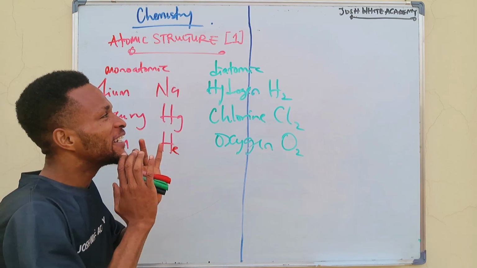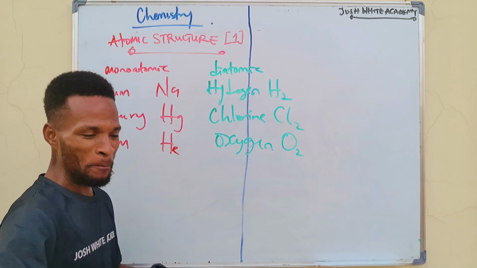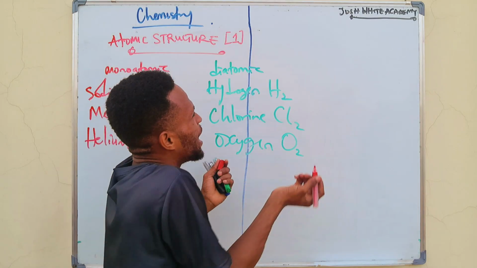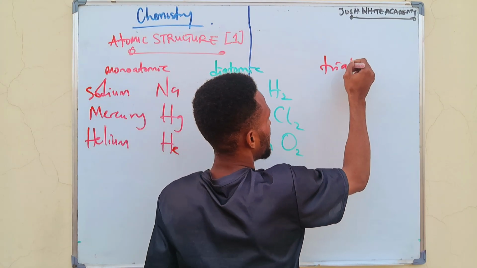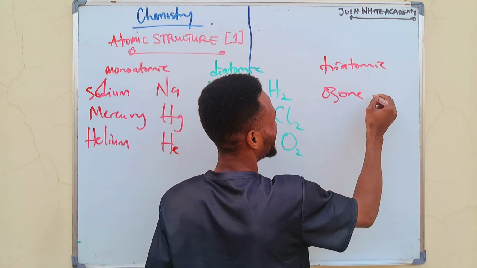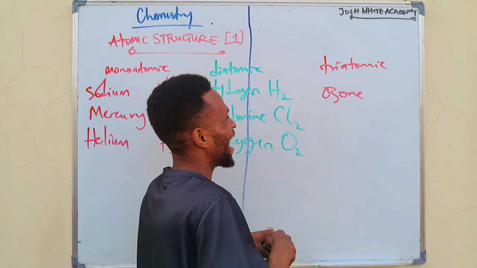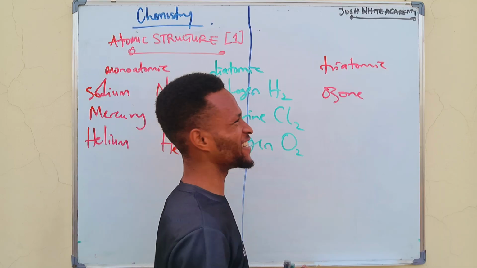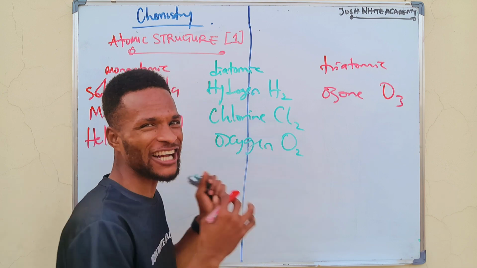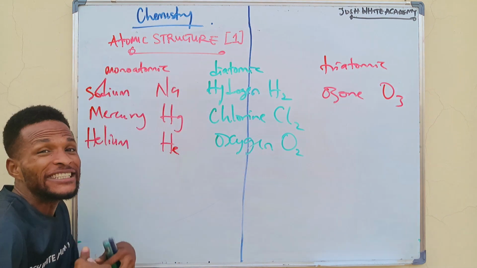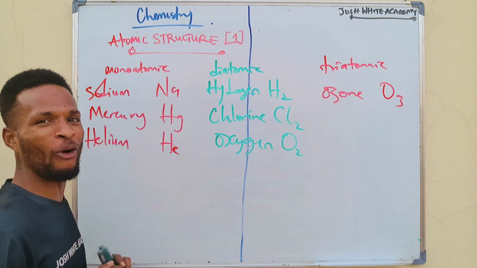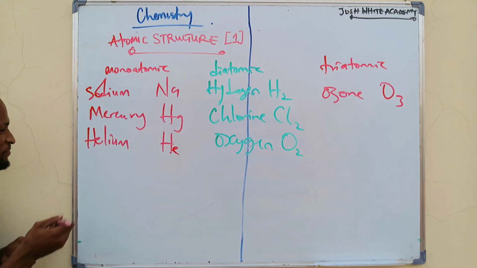We have what we call triatomic, meaning they possess three atoms. For example, there is one main example, ozone, which is an allotrope of oxygen, written as O3. It is triatomic. We have tetraatomic, meaning it has 4 atoms in each mole of that element.